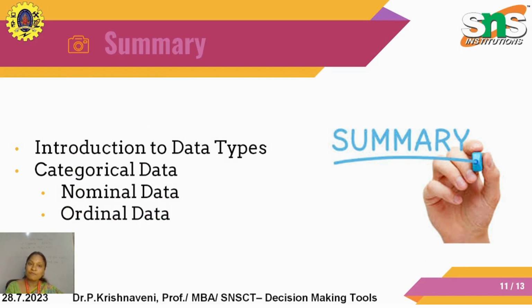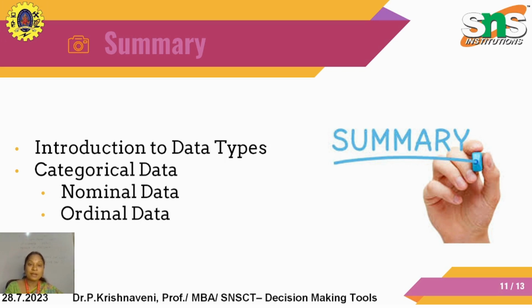Today we saw an introduction to data types. Under that we saw categorical data, and how categorical data is applied in the mobile retailer's case: nominal data like OS and preferred brands, and ordinal data, where a particular factor is rated by customers to make their purchase decision for a mobile phone.